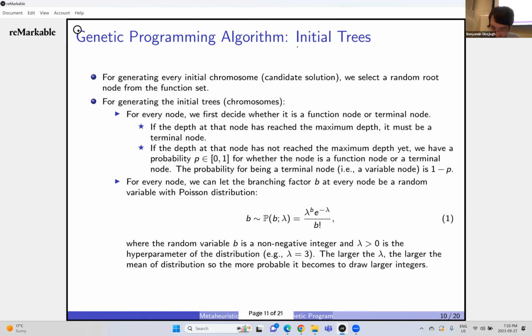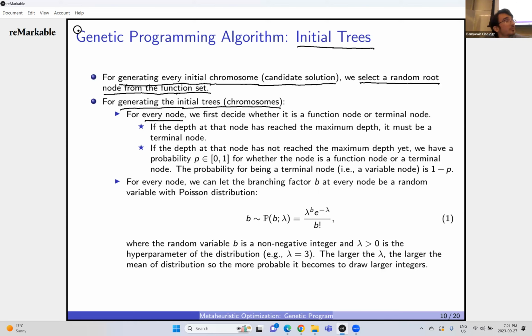Now, initial trees, as the first stage of genetic programming. For generating every initial chromosome or candidate solution, we select a random root node from the function set. We get a random root from one of the operators. Then, for generating the initial trees, for every node, for every operator, we first decide whether it is a function node or a terminal node.